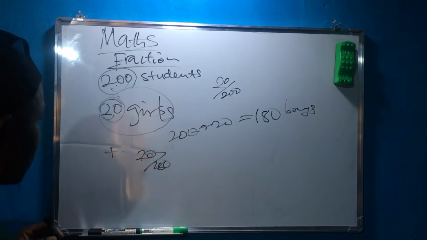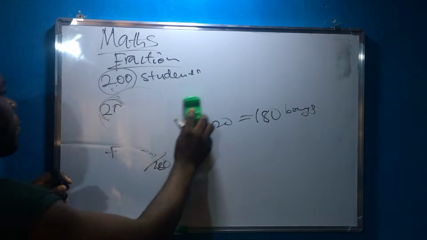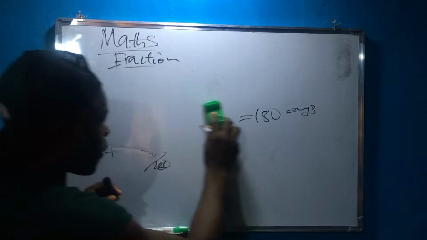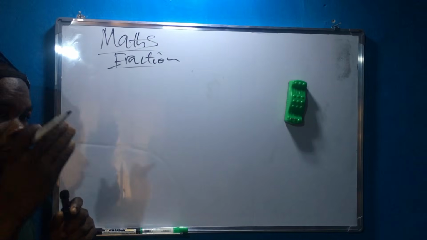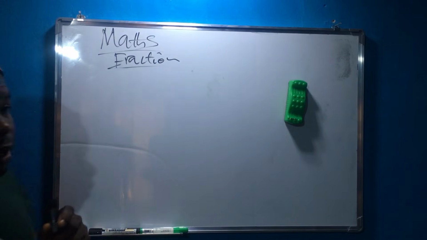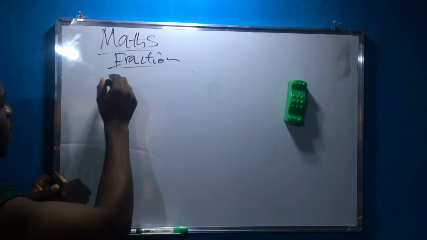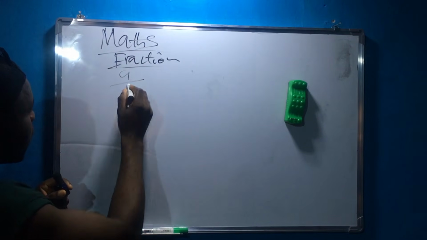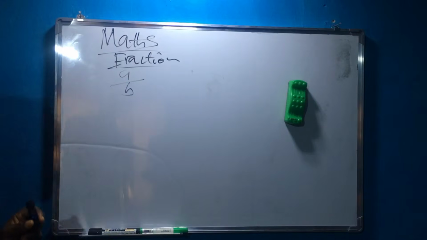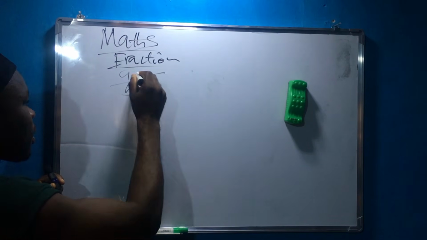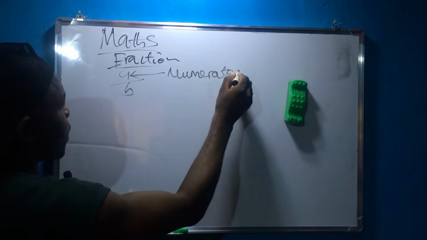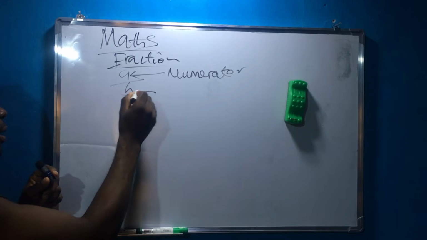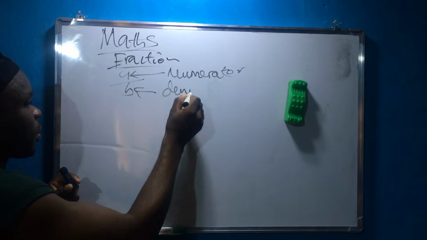All right, let's proceed. We have parts of fraction. We have the numerator and the denominator. So, assuming we have something of this nature, a over b, as our fraction, a is the numerator, while b here is our denominator.